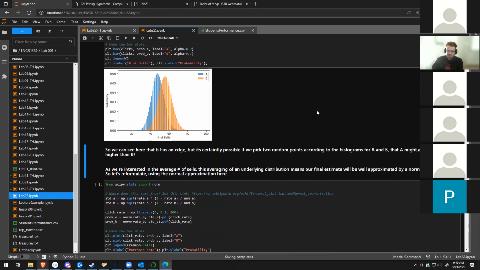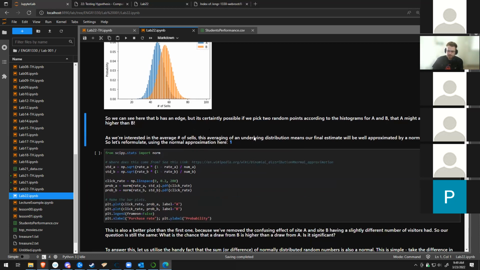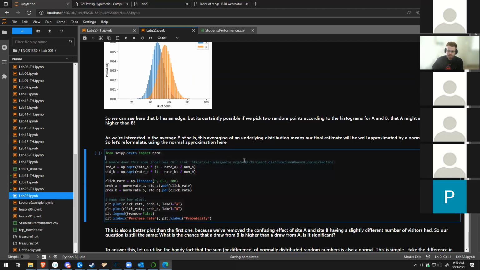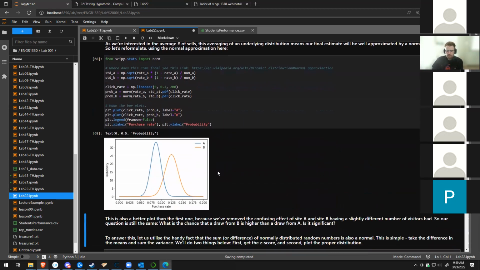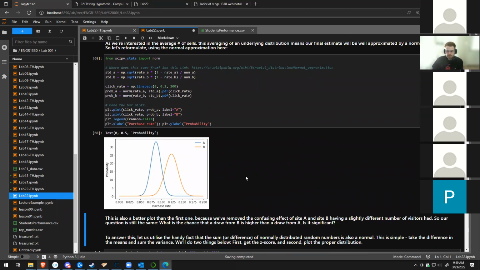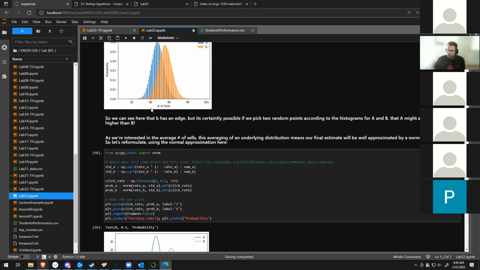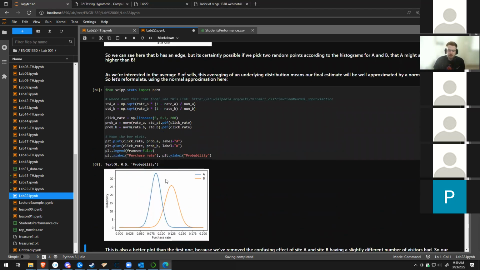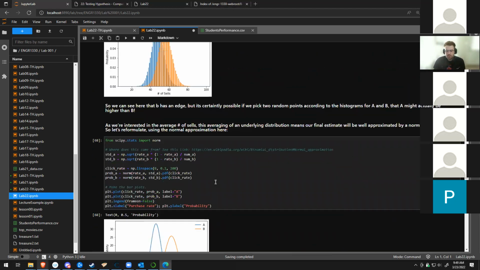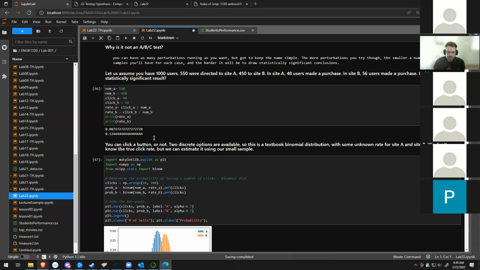So since we're actually interested in the average number of sales, let's approximate this with a normal distribution. So let's reformulate here. So we've changed from the number of actual sales to the purchase rate for group A and group B, which is kind of what I was talking about here.